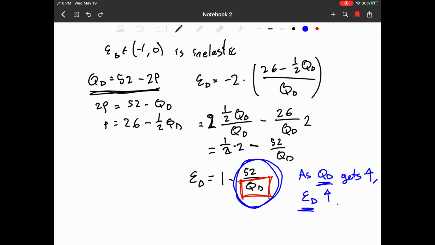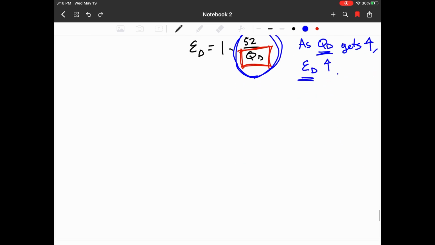Now, next we're going to look at price elasticity of supply. So we're going to walk through a similar set of steps here. Price elasticity of supply.